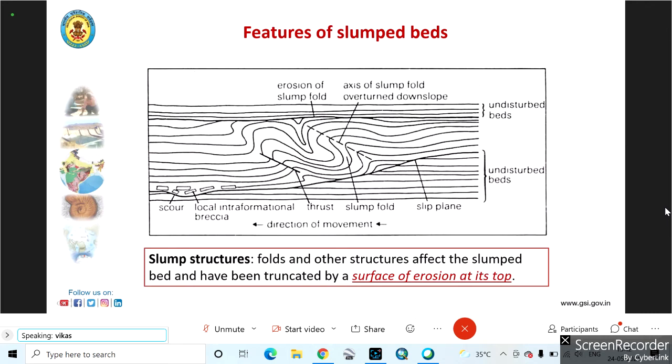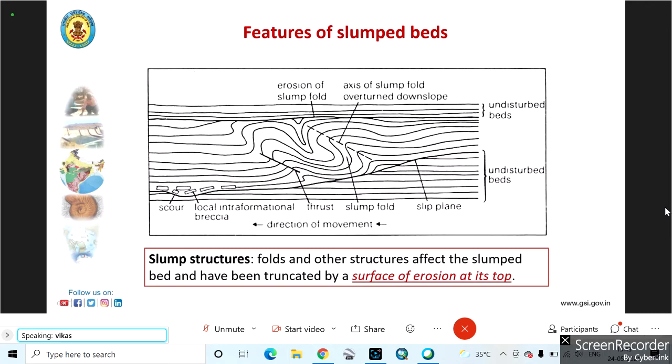Harmonic means fold trains, where synforms and antiforms repeat at a very regular interval. That's what we call harmony. Whereas disharmonic folds means you won't get that type. Like here, what you're seeing is that a straight limb is coming and then it's becoming folded. Two folds you're able to see, and then it's again becoming very much parallel to the upper part.